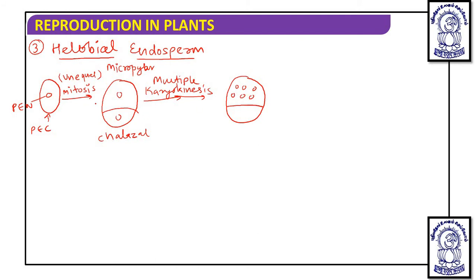Means after this cellular type of division, from here it is going to form a nuclear type of division, nuclear endosperm type of division, in both these cells. And then at the end, cytokinesis will happen and this type of endosperm will be formed.